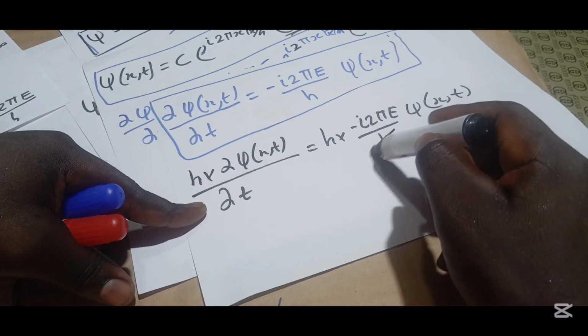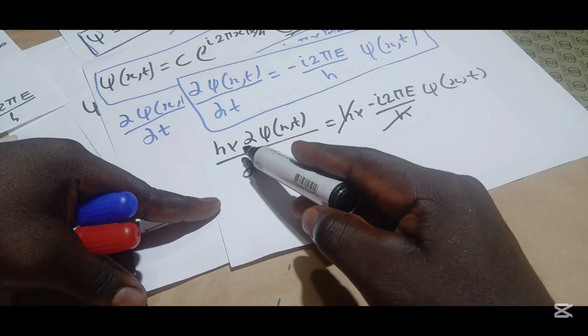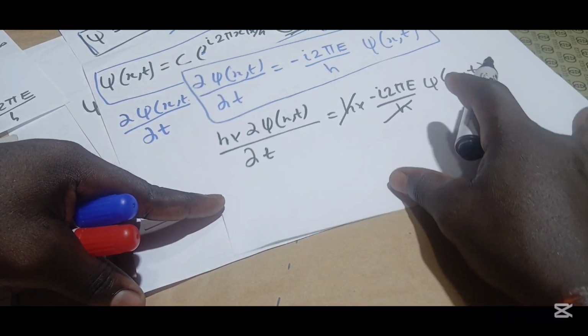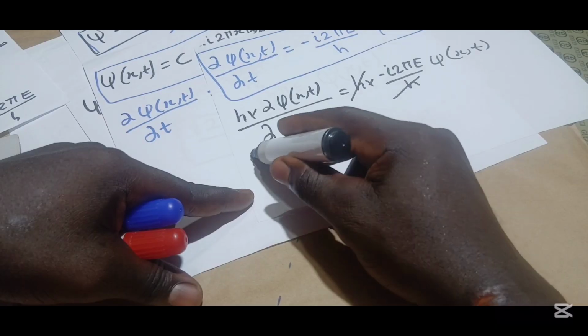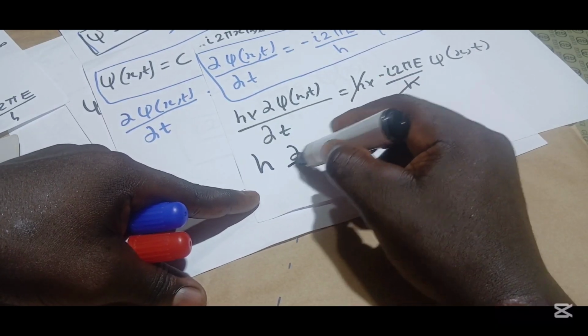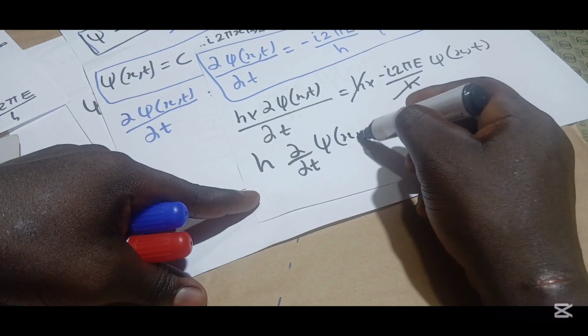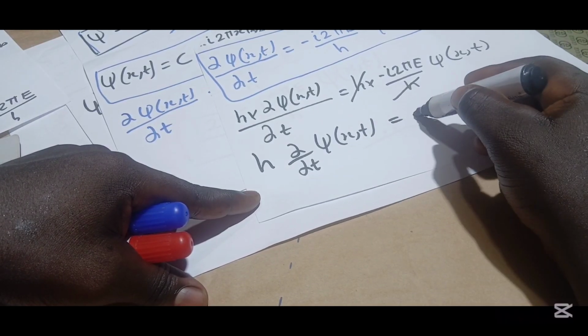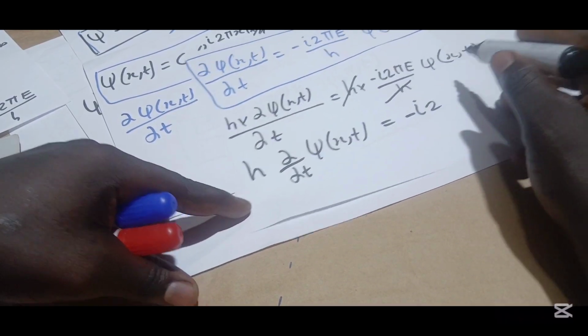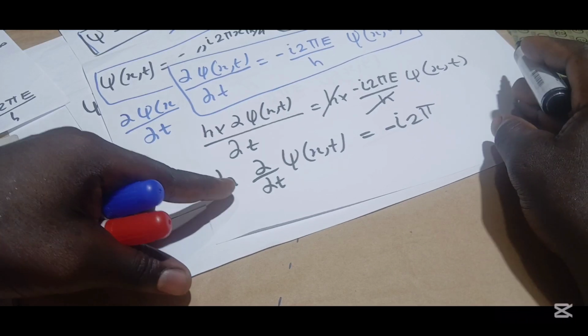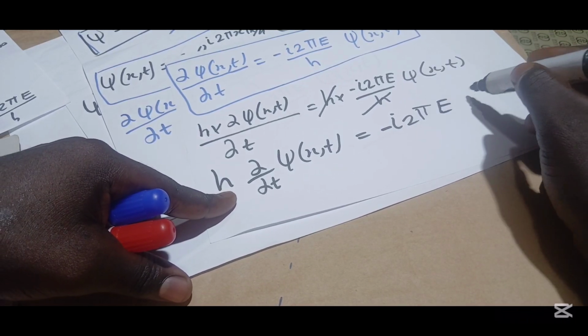So this is going to take care of that, and we have h term here. So we are going to get h d over dt psi x t equal minus I 2 pi e.